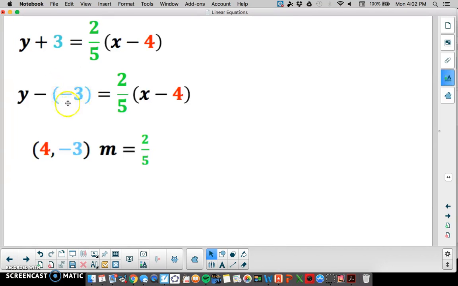So as we look at getting the point out of that equation, y minus a negative 3 would give us a negative 3 for the y value of that point. And then we have x minus 4, so it's x minus x1, so our x value is just 4. So the point on that line would be 4, negative 3. M would be 2/5.